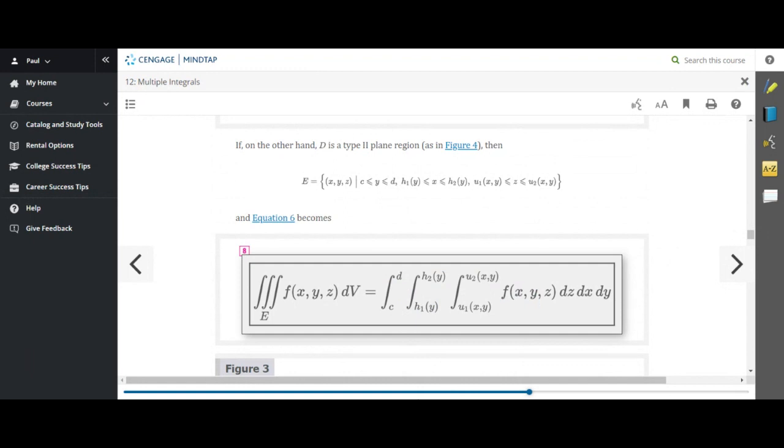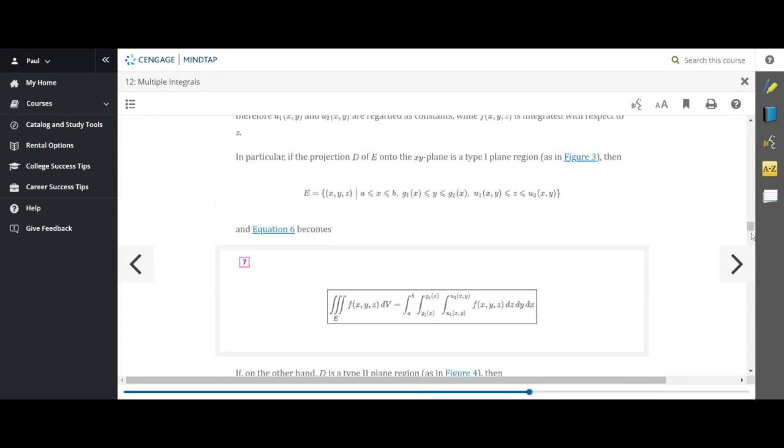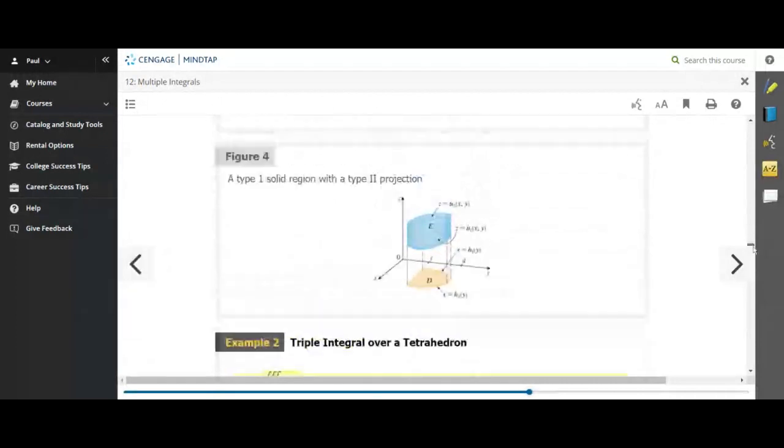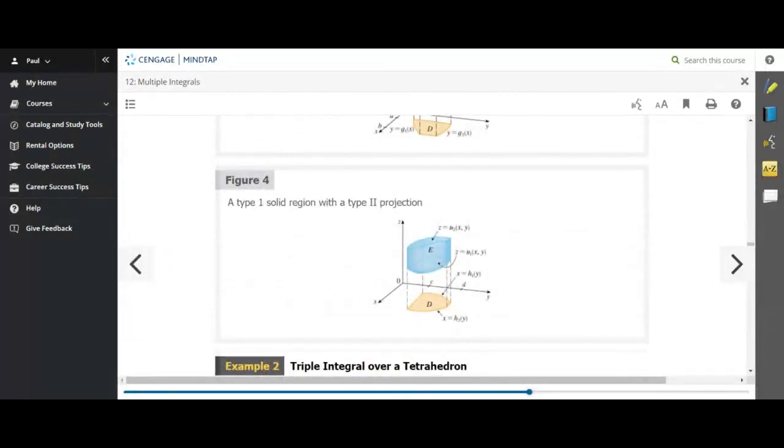So let's say that your dV is dz, dx, dy. That's your order of integration. The z limits are your top and bottom surfaces that bound the solid. And then you project the solid down into the xy plane. Okay, and so what I'm doing here is I'm looking at this picture here, figure 4.